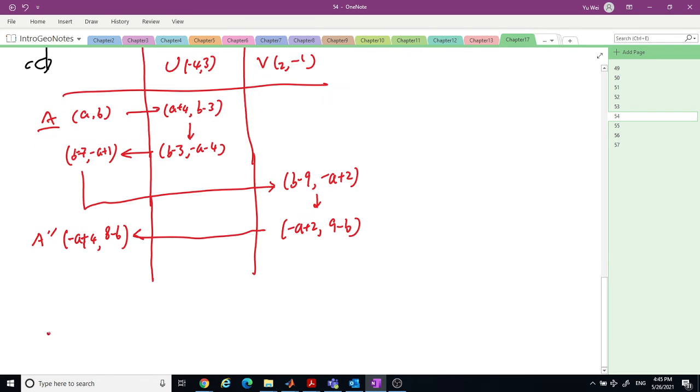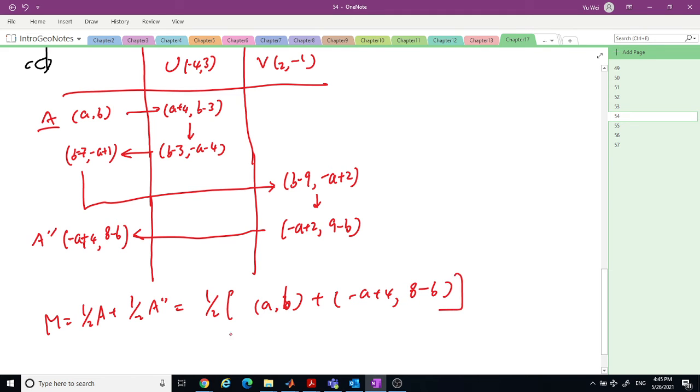Now let's see the midpoint is half of A plus half of A prime prime, so it's half of (a, b) plus (-a plus 4, 8 minus b). Oh, I'm sorry.